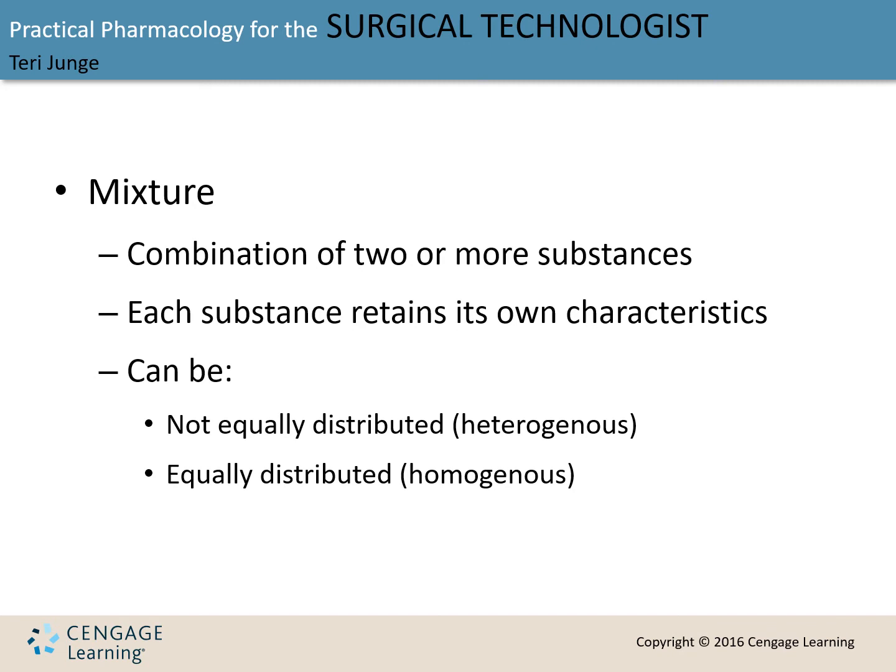Either heterogeneous, which means the parts are not equally distributed, or homogeneous, which does mean equally distributed. So an example of a mixture that is homogeneous would be 1% lidocaine with epi, 1 to 100,000.